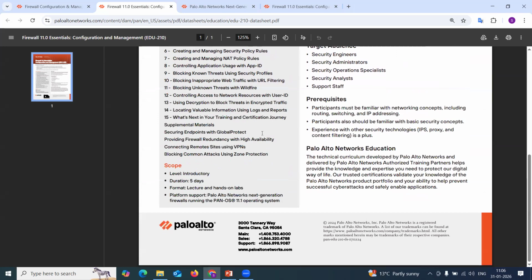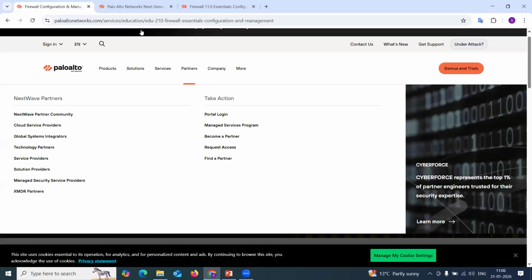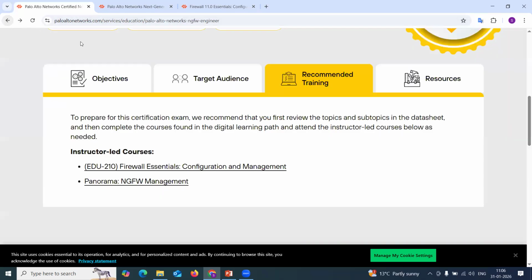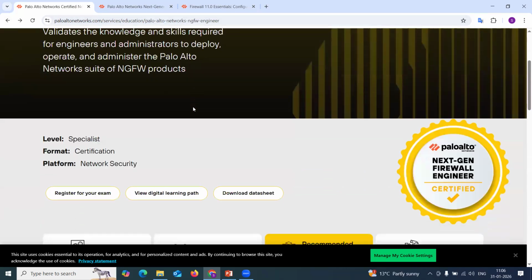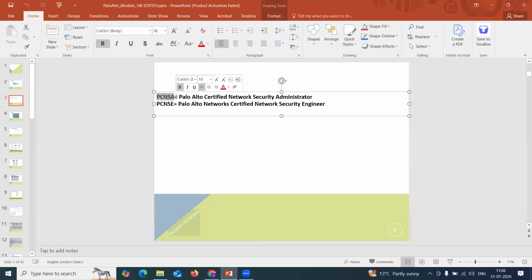Now, understand, if I want to go for the next generation firewall engineer certification, I don't have to write any other exams before. There are no prerequisites, guys. Earlier also there weren't any prerequisites; previously there was PCNSA, but it wasn't a prerequisite.